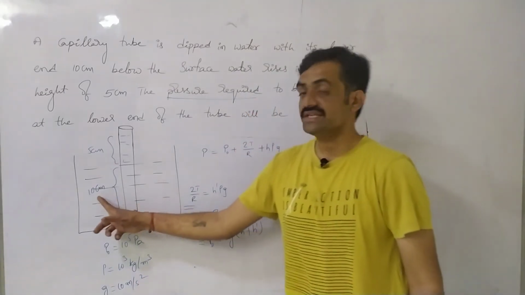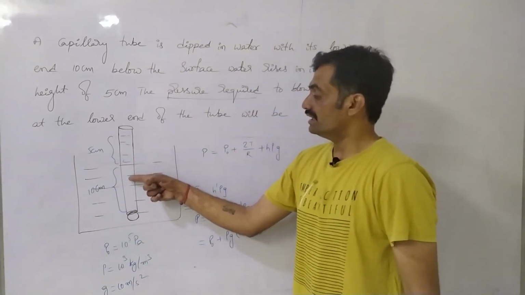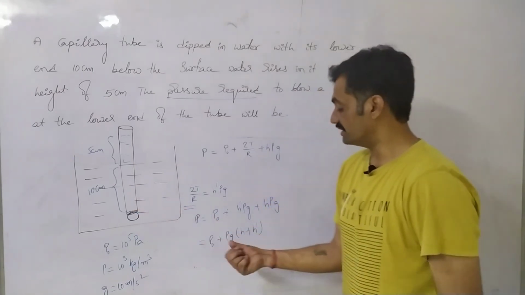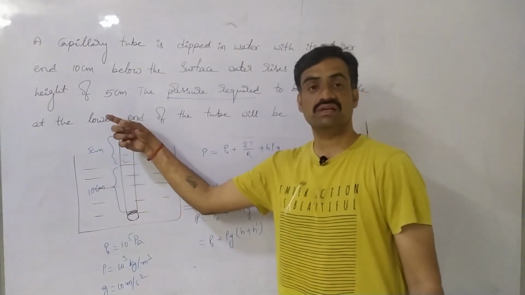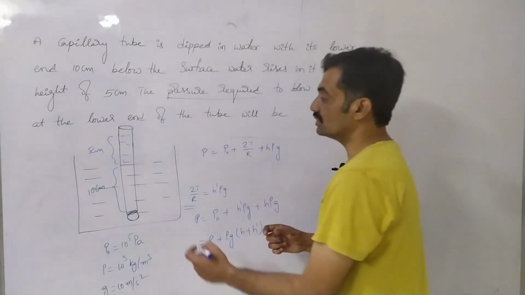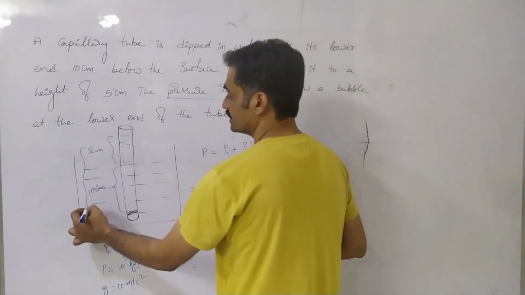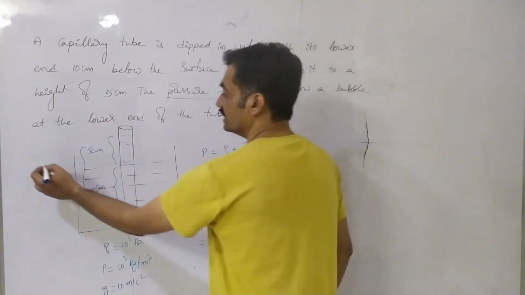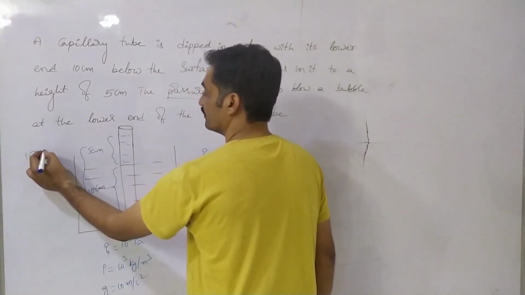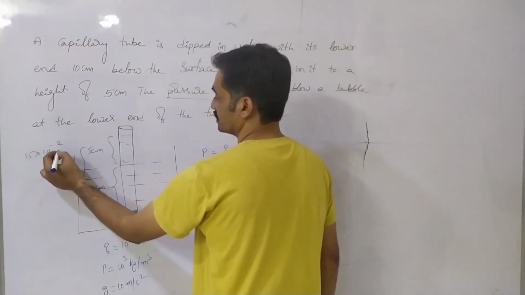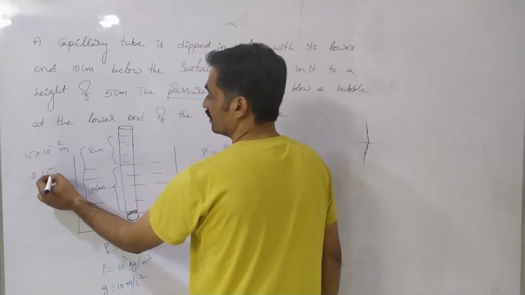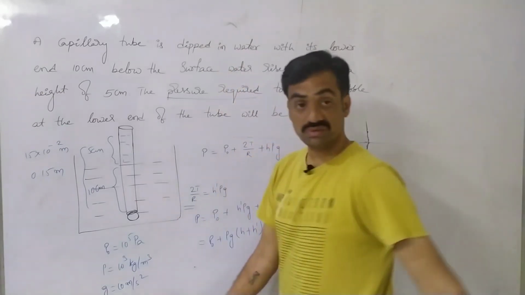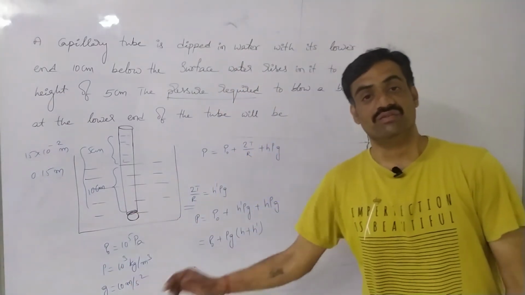Here h is nothing but the height of the capillary tube dipped in the liquid. h is 10 centimeters and h dash is nothing but the liquid level rising in the capillary tube. So total height h plus h dash is 15 centimeters. In terms of meter we can represent it as 15 into 10 to the power of minus 2 meters, so 0.15 meters.